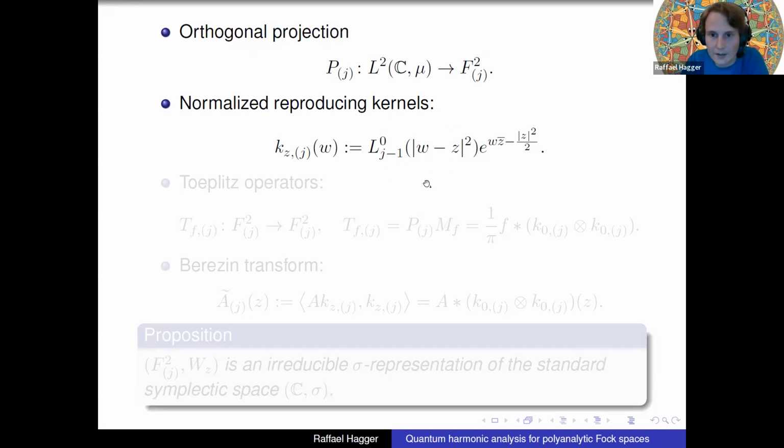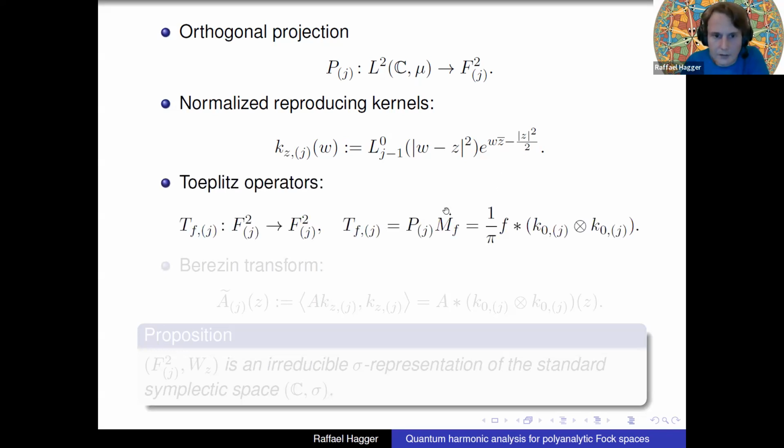That's a Laguerre polynomial. It's not so important what it really is. Just keep in mind it's a polynomial. All you need to know is it's a polynomial. If you know what Laguerre polynomials are, that's fine, but it's not so important. There's a polynomial times the same exponential as we had before.